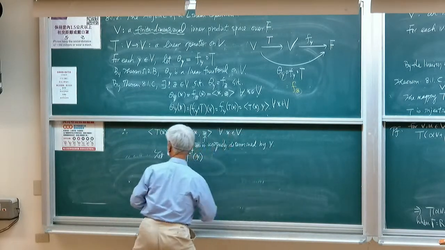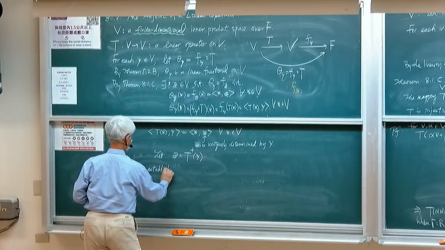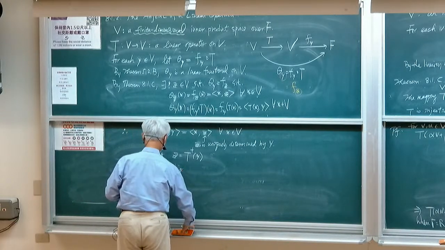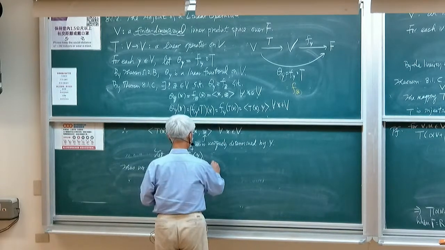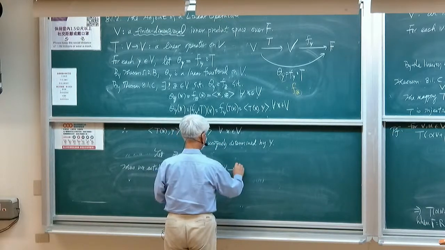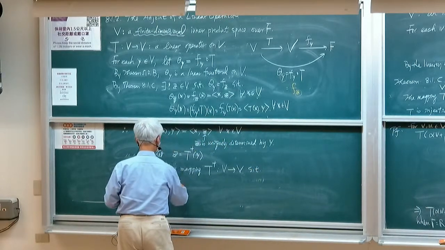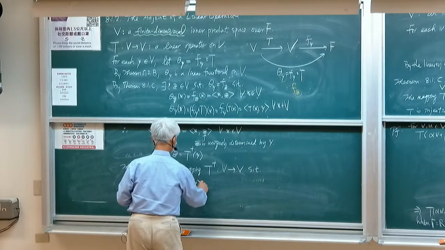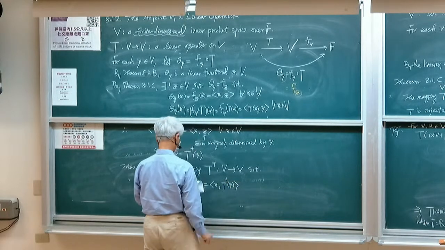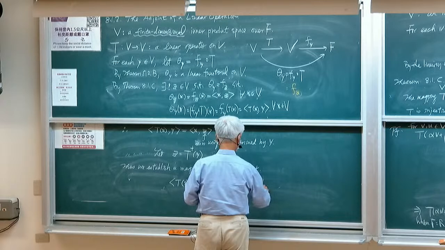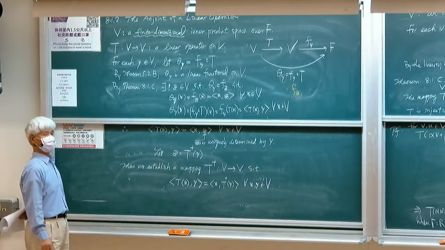Okay, and so thus, we establish a mapping T dagger, okay, from V to V, such that we have a functional relation ⟨Tx, y⟩ is equal to ⟨x, T dagger y⟩ for all x in V. Okay, so we establish this mapping here.